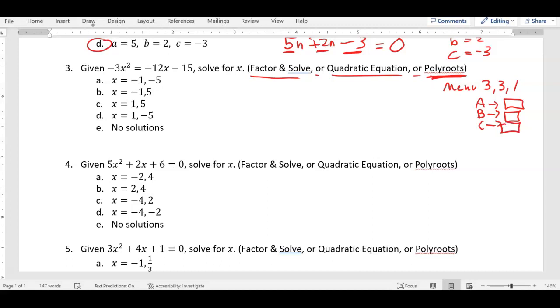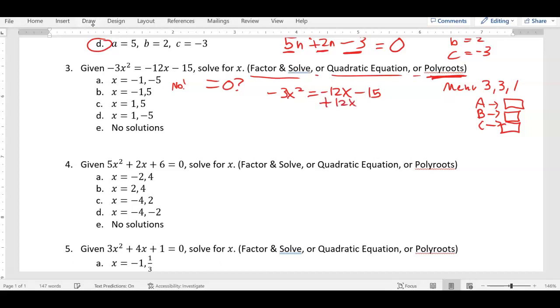But we got to make sure, does it equal 0? And you can see right here that it does not equal 0. No. So we need to rewrite this over here. Negative 3x squared. And to make it equal 0, I need to get rid of negative 12x and minus 15. So what's the opposite of negative 12x?